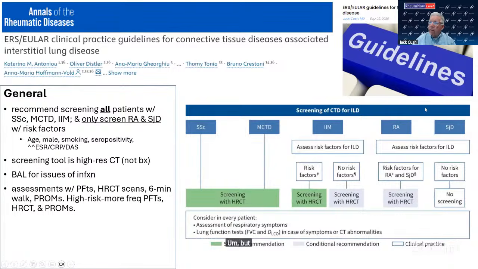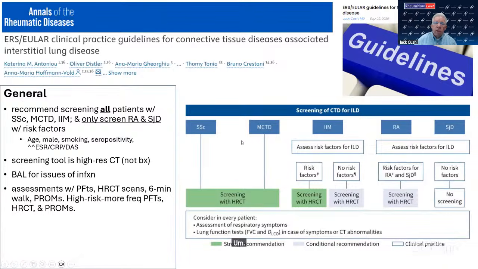But then over here on the right, this is from her slide that says you screen MCTD and scleroderma, no questions asked, and that's systemic sclerosis, preferably the diffuse kind. But they are asking about risk factors.